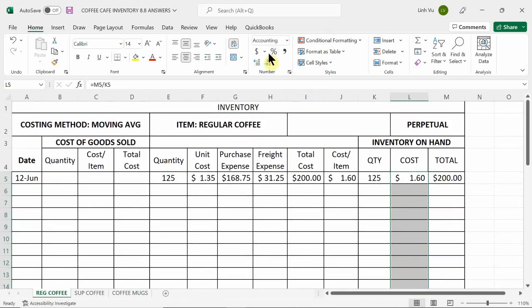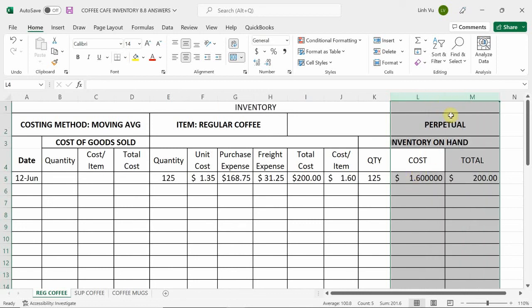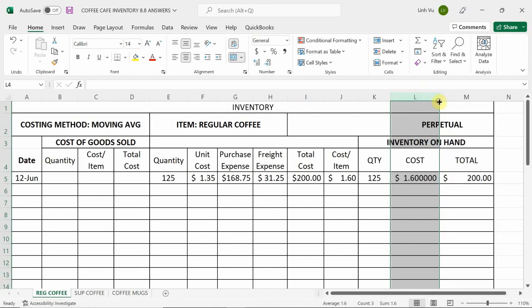I want to be able to know how much it's going to cost me per pound. So right now it's $1.60 even. All right, so that's my first one.